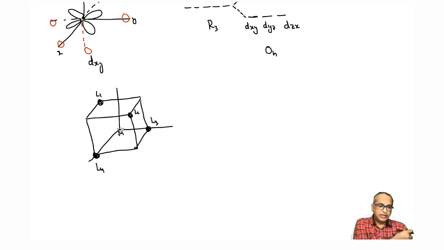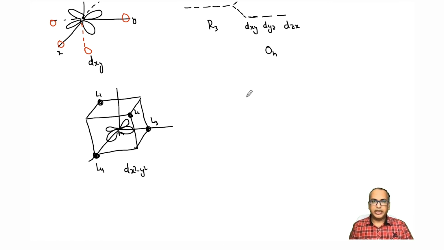So if I try to draw dx square minus y square, only 2 lobes will have direct interaction. This is my dx square minus y square. Whereas if I draw dxy, all 4 lobes will have relatively more interaction with these ligands as compared to dx square minus y square, right?